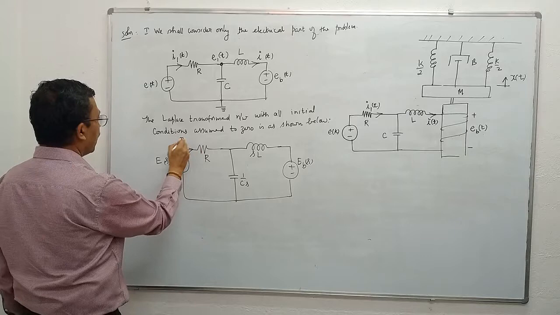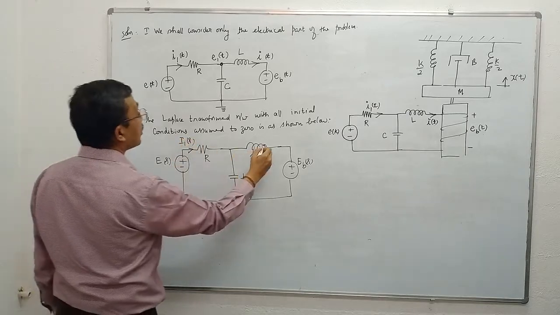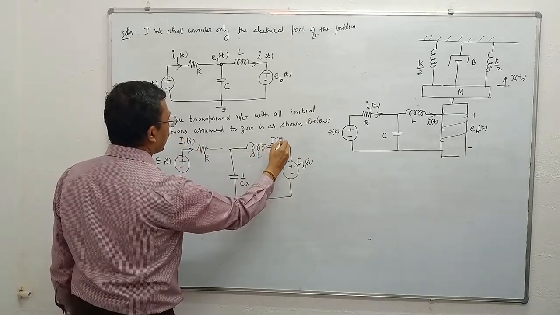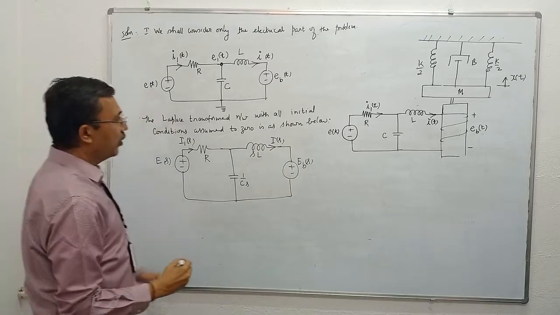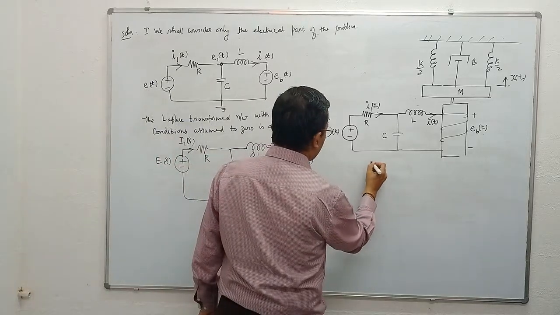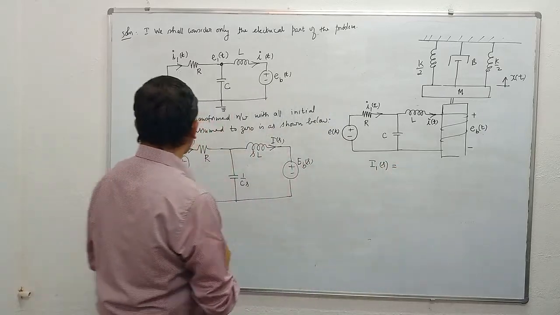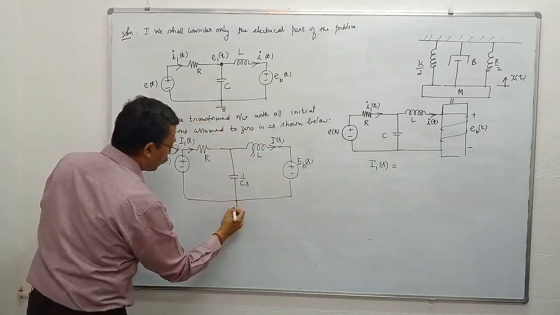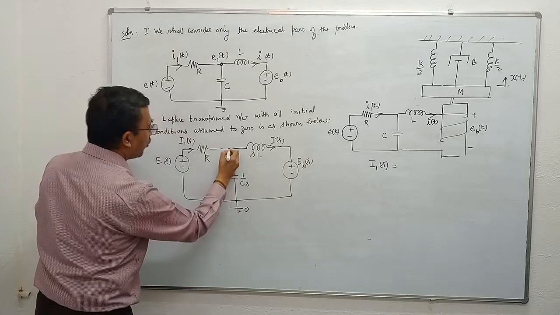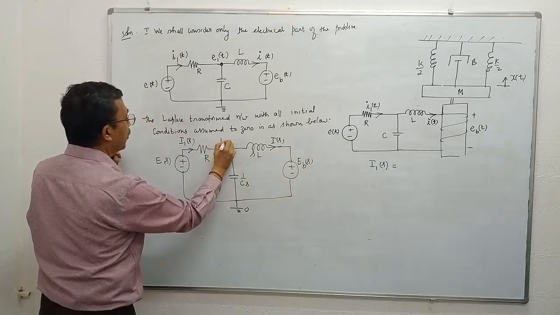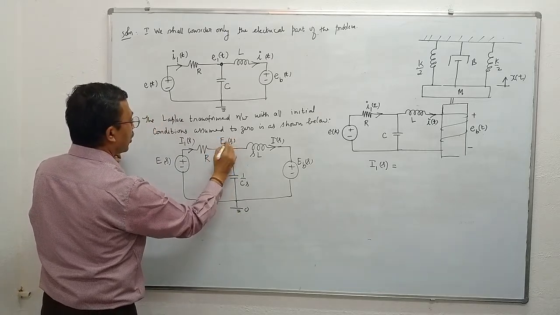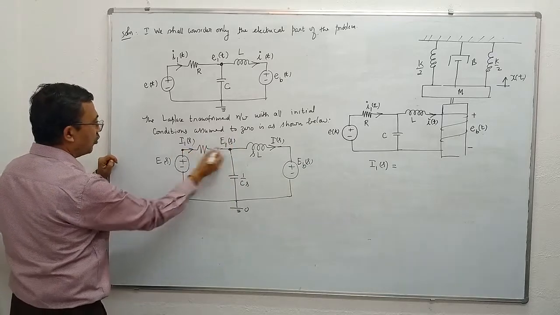This is the current I1(s). This is the current I(s). So what is I1(s)? The potential of this node is E1(s), and this is the reference node. Current is flowing from this node to this node.